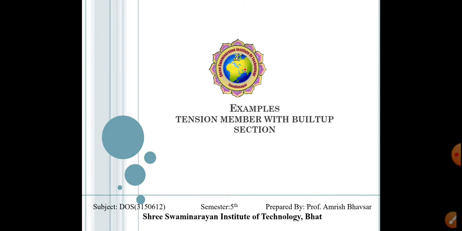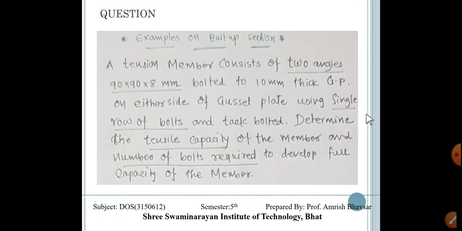So now we are going to find out the tensile strength of the built up section, right? Now you have a clear idea about the built up section. Let's start with the next case. Here I have taken one single case for understanding the whole idea about the built up section and its tension capacity.